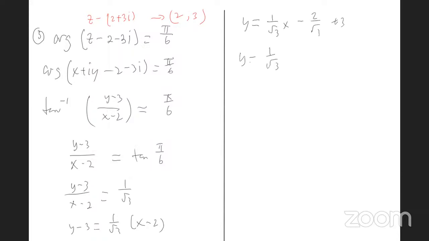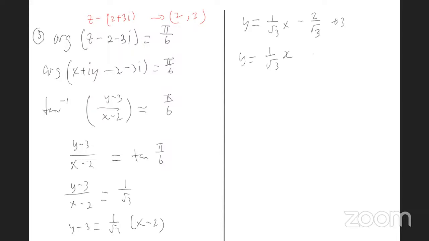So that's 1 on root 3 x, that's a positive gradient. What is 2 on root 3, minus, plus 3? I'll work it out so I know where to plot it.